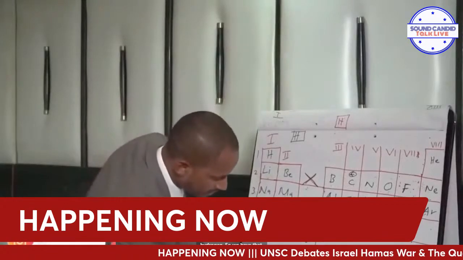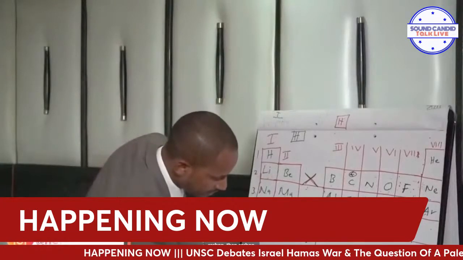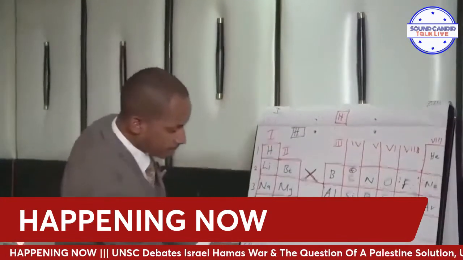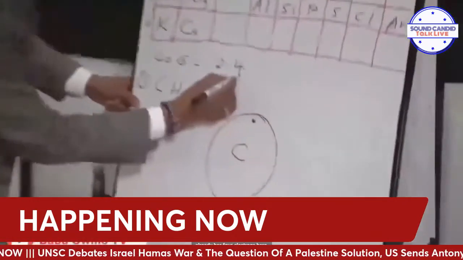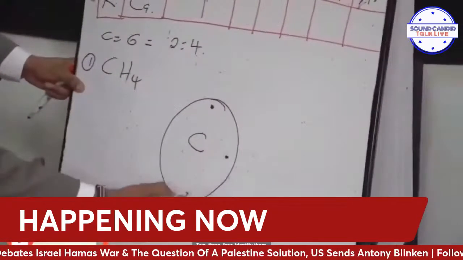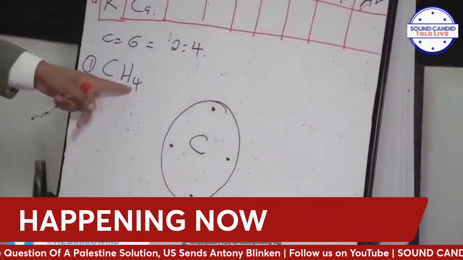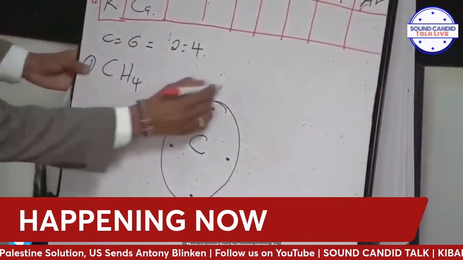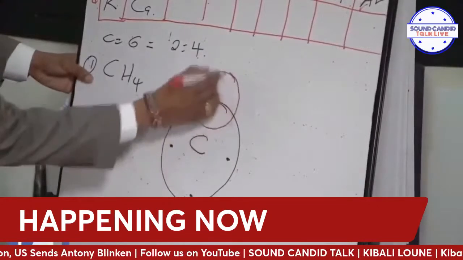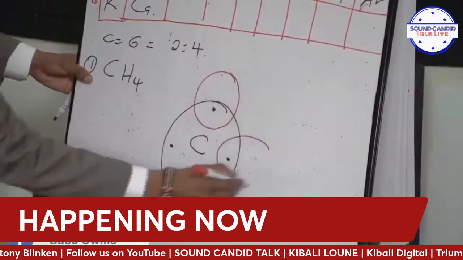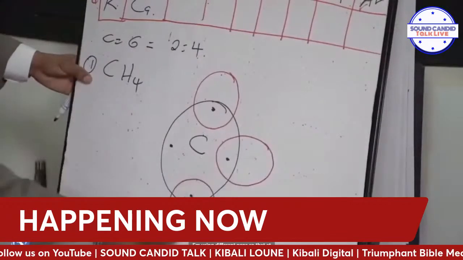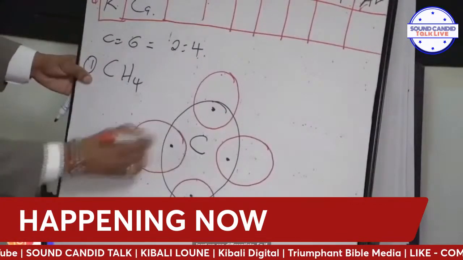So we have that carbon. Carbon already has 4 electrons here: 1, 2, 3, 4. Then we need 4 hydrogen atoms. I'm using different pens so that at least we can differentiate.